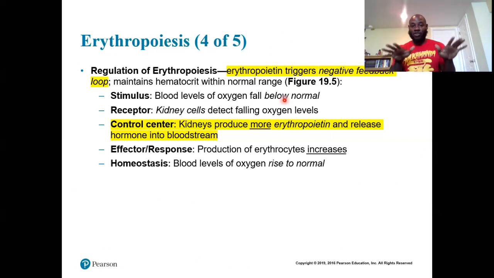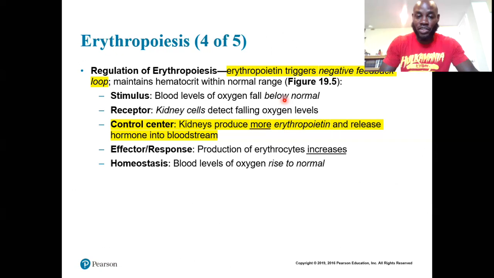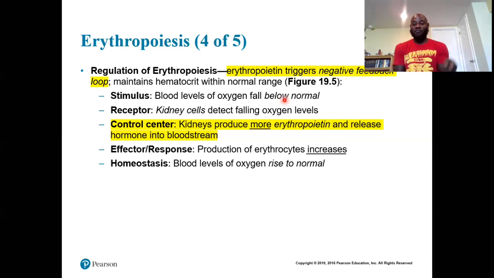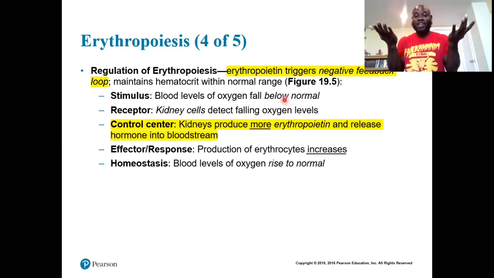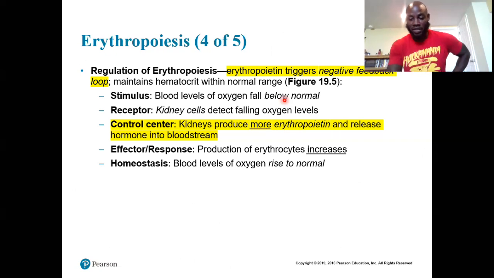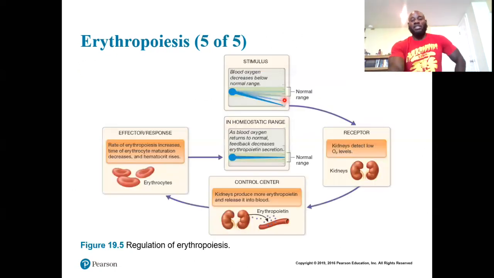That hormone causes production of erythrocytes to increase in your red bone marrow, and eventually, in 5 to 7 days, more blood cells are created. Those more blood cells can carry more oxygen, therefore the oxygen levels in your body go up. We don't need to make as many red blood cells right now. All right, that makes sense. And so that's a diagram just showing you that whole process. You can look at that slide and hopefully understand it.